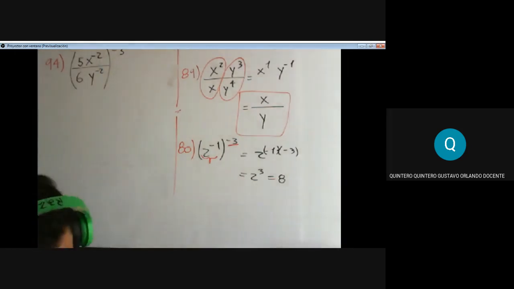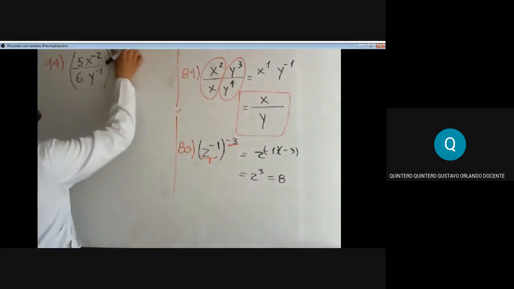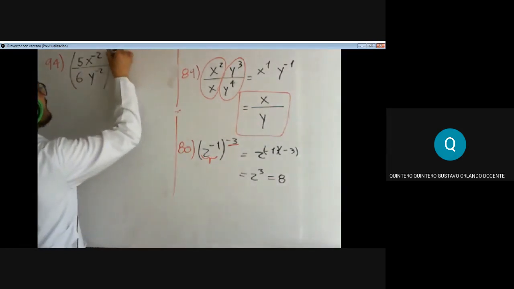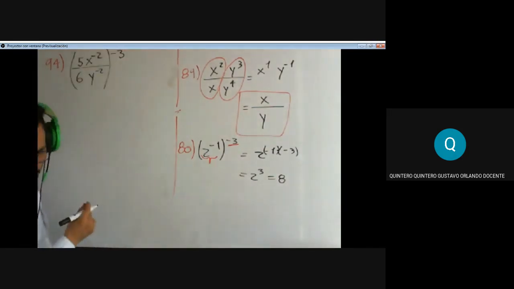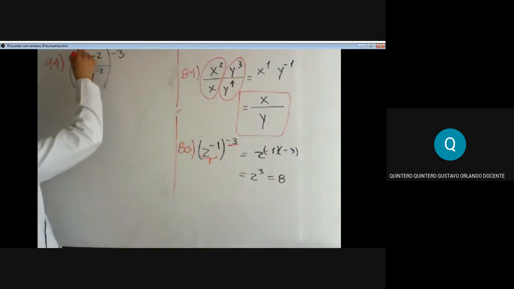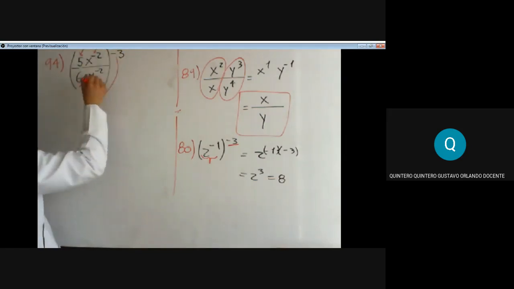So how do we do this exercise? You guys can see this exponent, negative 3. Better. Okay, so how do we do this exercise? Just like we did 93 and 92: take the exponent and apply it to everything inside the parentheses.